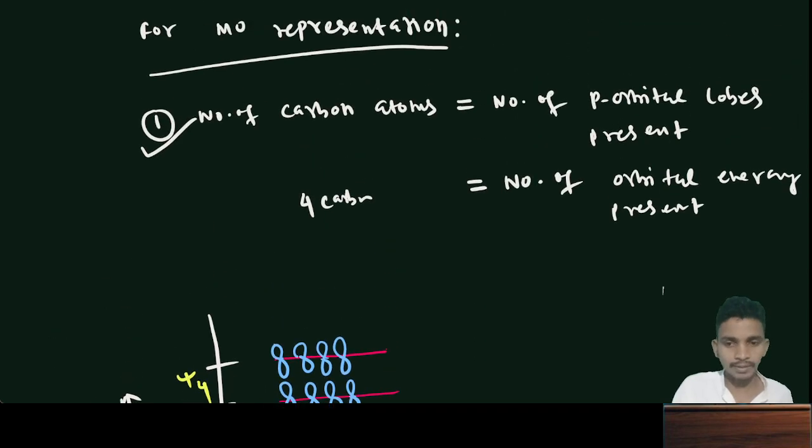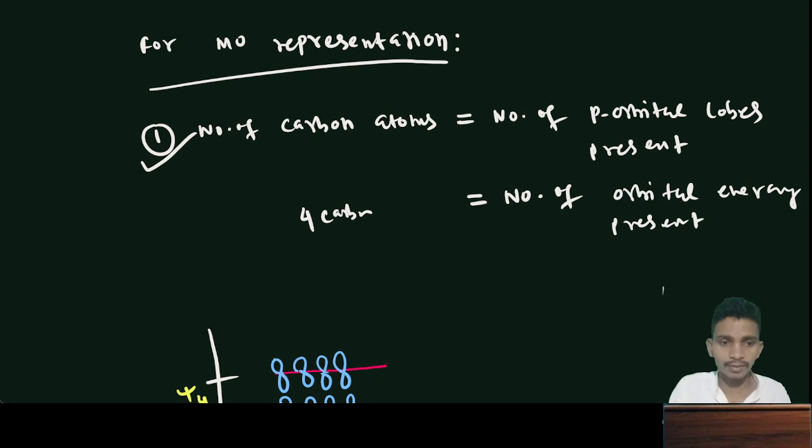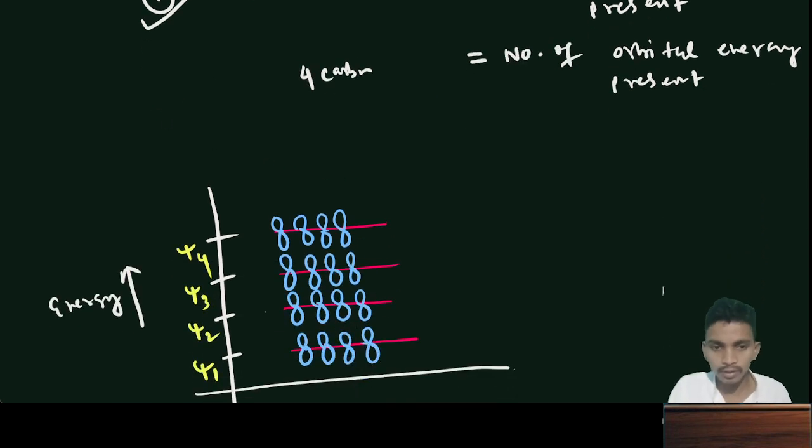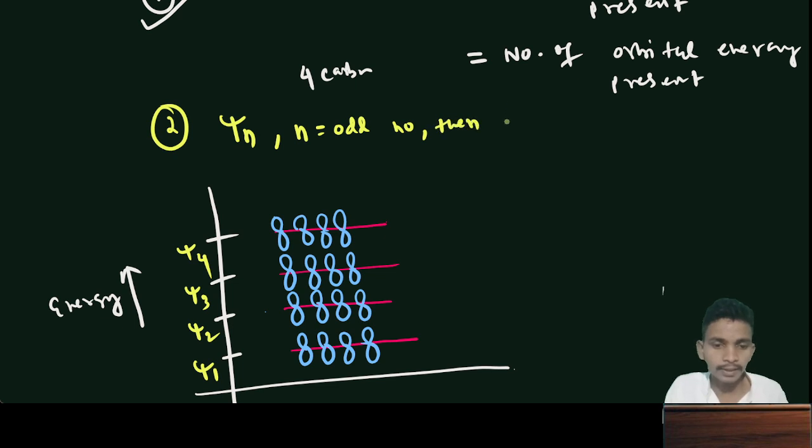Now this is the first point, and the second point is about the terminal lobes. Here we have psi n: psi 4, psi 3, so n. If n is an odd number, then the terminal lobes have the same sign.